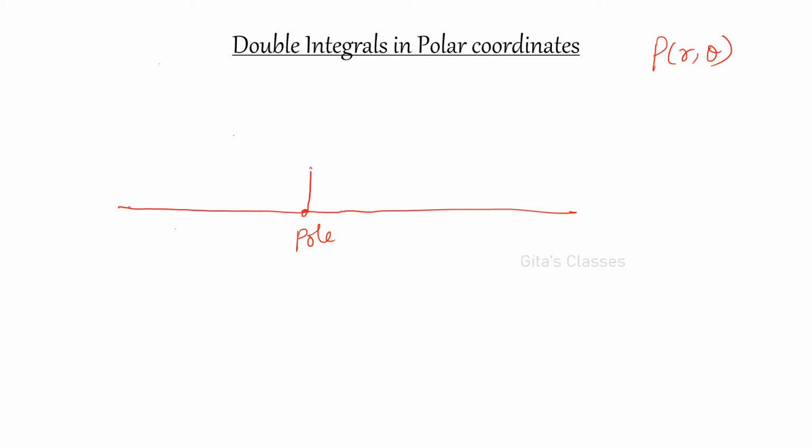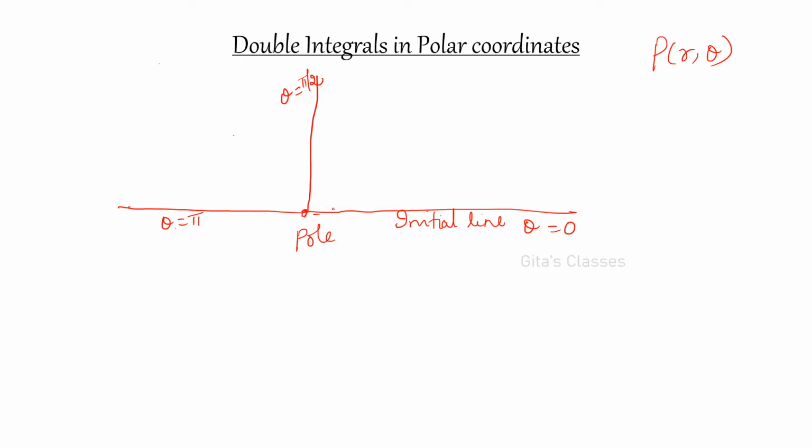And similar to the x axis, we draw this line, and this is called the initial line. Along the initial line, theta is equal to 0. Along this line, theta is equal to pi by 2. I'll tell you why. And here theta is equal to pi.